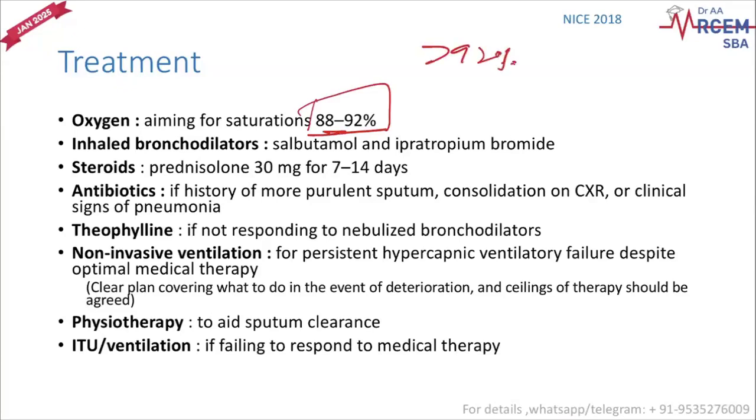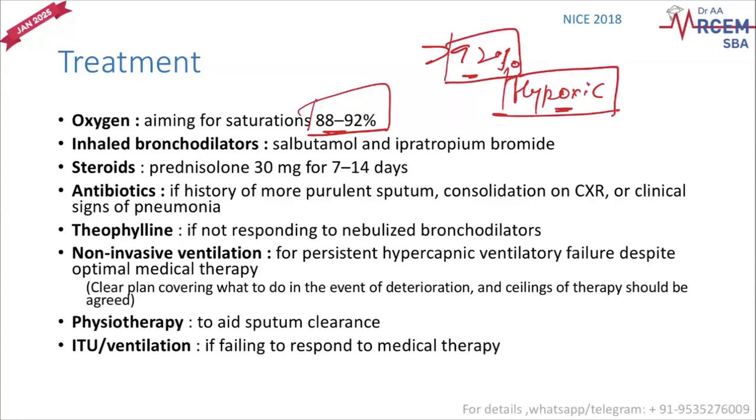The school of thought is to maintain around 88 to 92% so that there is enough hypoxia to trigger the respiratory centers to have good respiration. If the saturations are maintained above 92%, the hypoxic drive will be lost and the respiratory centers will not be triggered.